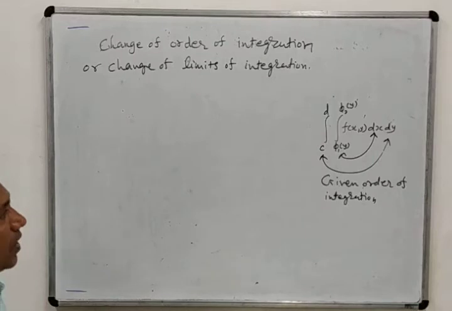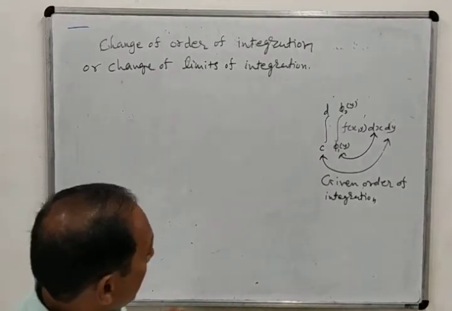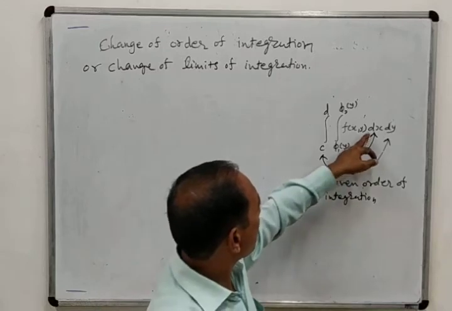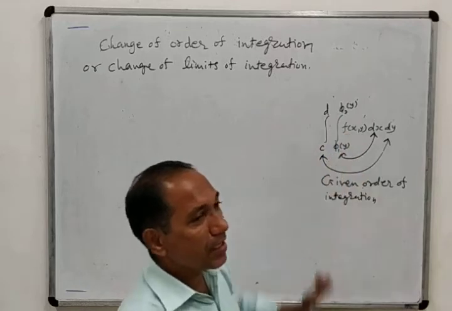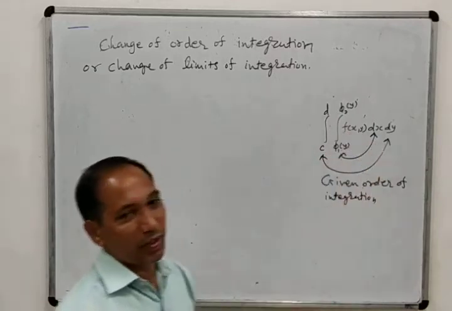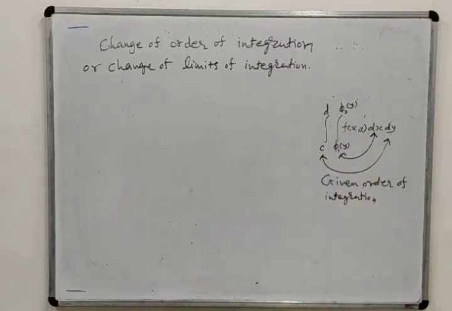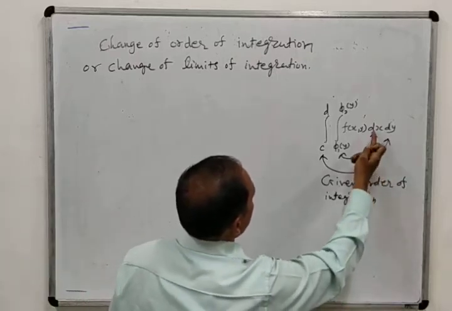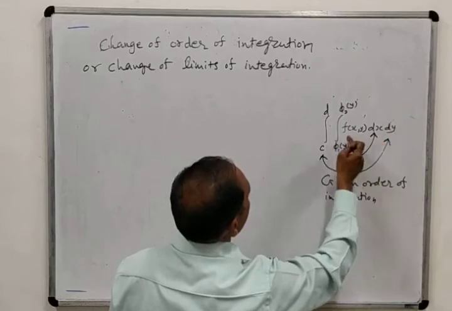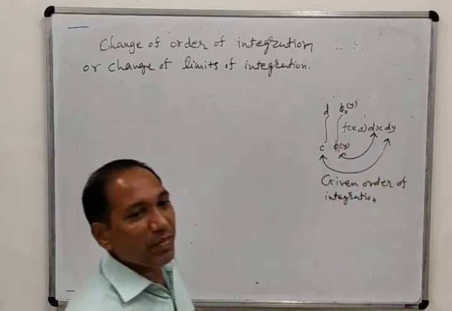But sometimes you observe a problem where integrating directly with respect to x in the given order makes the function very difficult to integrate. Instead, if we integrate with respect to y, it may become very simple.